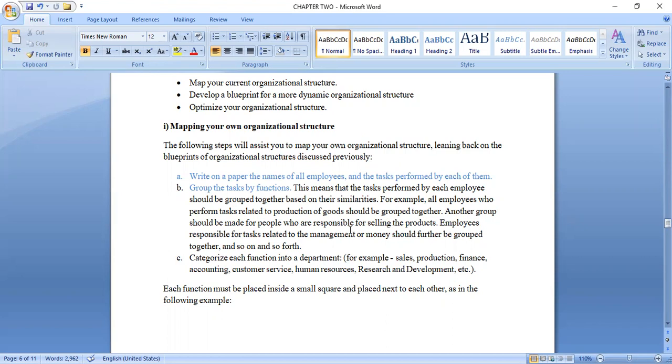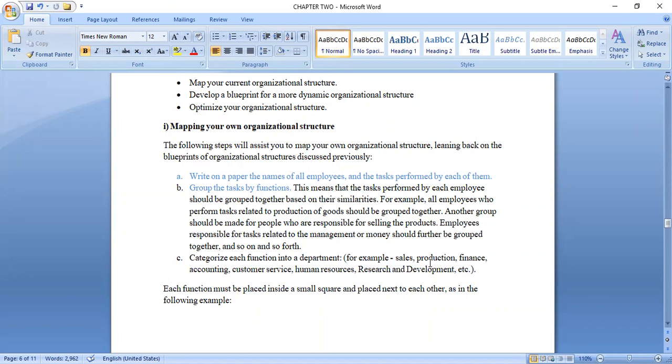If they are under the category of managing money, then you will know that that function is doing what? Yes. Of course, at the end of the day, these functions are later going to be categorized into what we call a department.